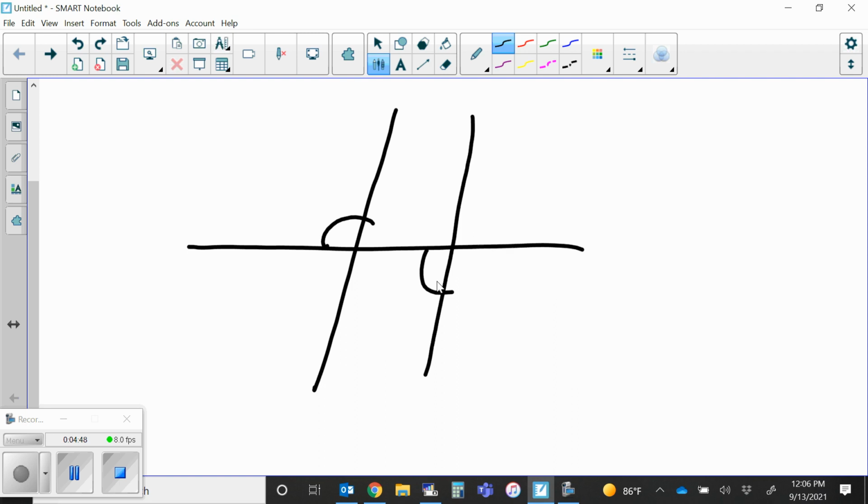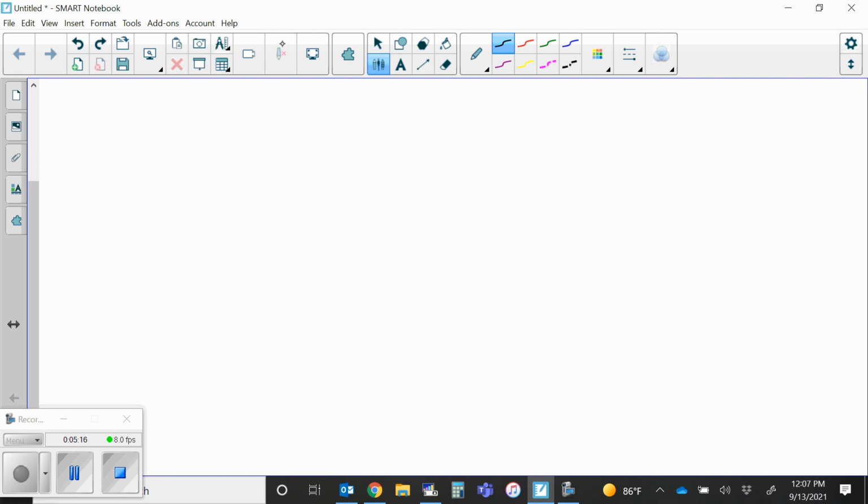Why do you say no? Does this correspond with this? Are these alternate interior angles? This angle's an exterior, this angle's an interior, right? So they're not alternate interior. So are they same side? Are they corresponding? This is in the top left. This is in the bottom left. So can you tell me anything about those two lines? Nope, they're not parallel.